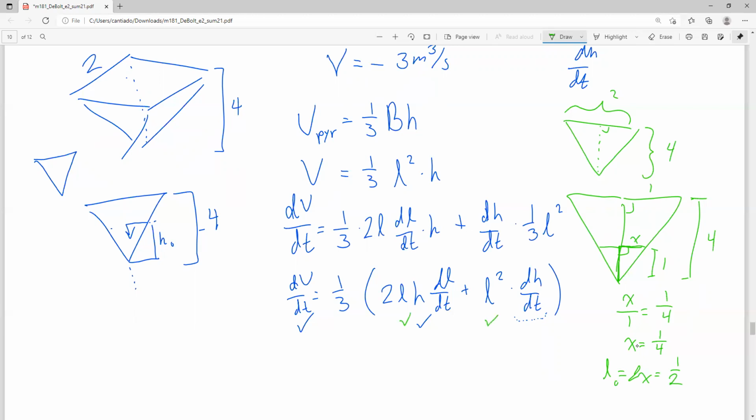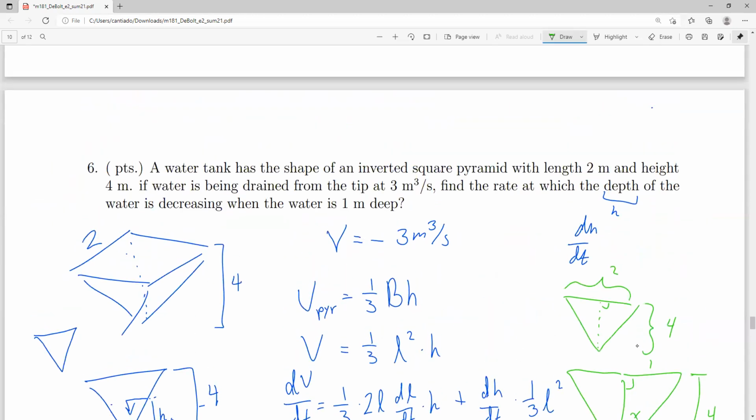Do we know the change in L, though? That's a good question. Can we derive the change in L? Might be missing something pretty obvious, but I just can't see it.